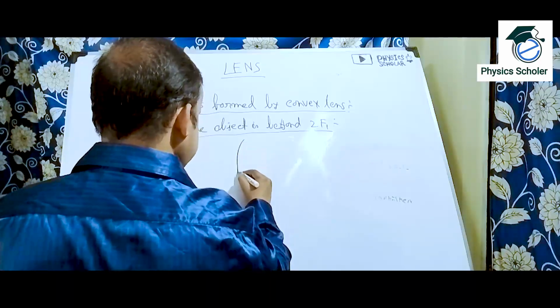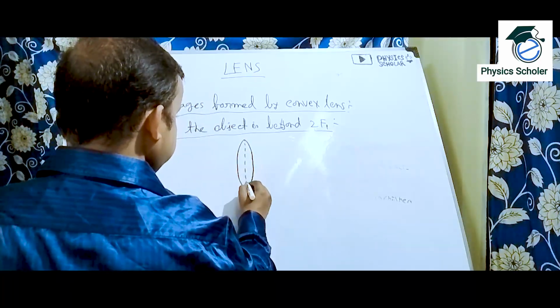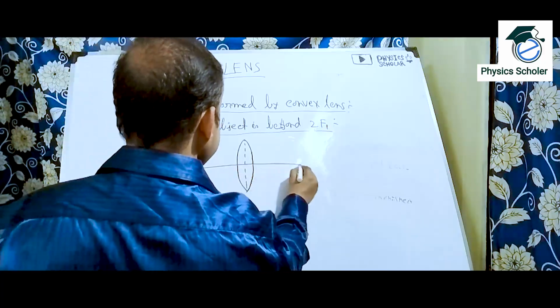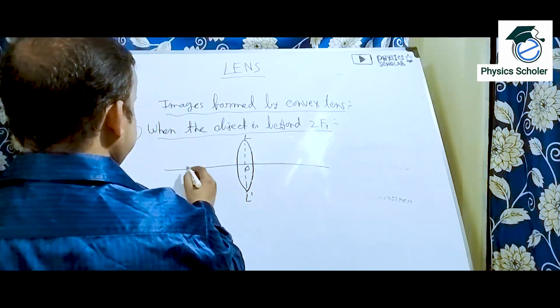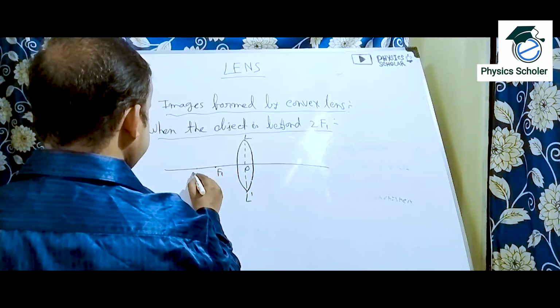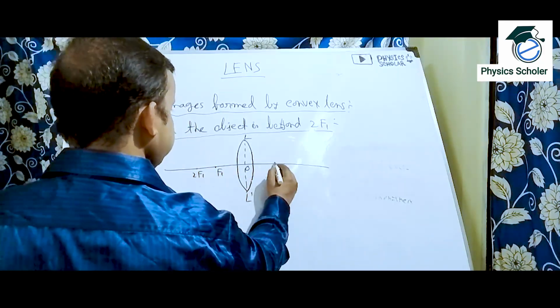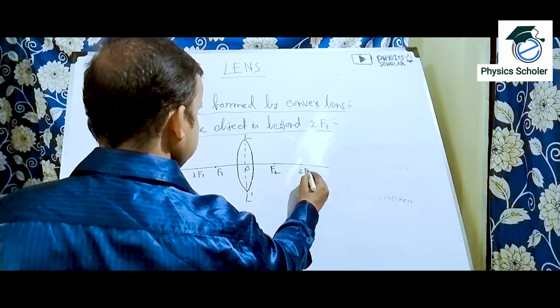So see, let me draw. This is the convex lens. This is F1, this is 2F1, this is F2, this is 2F2.